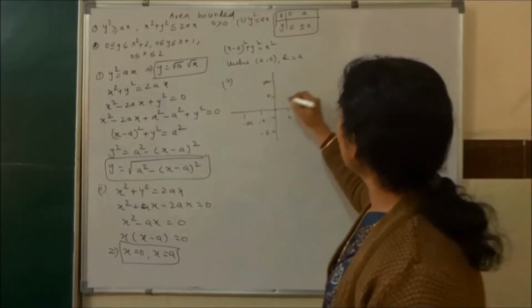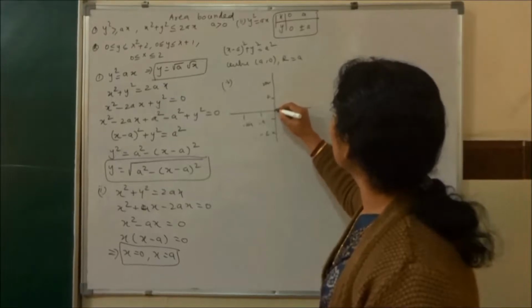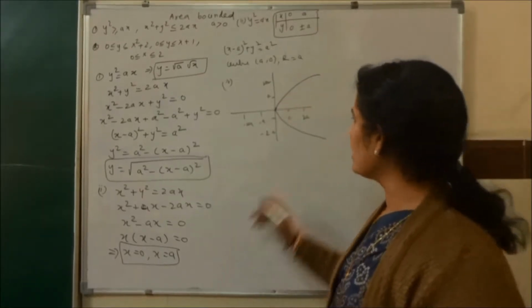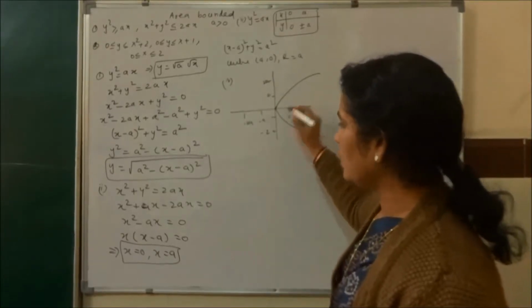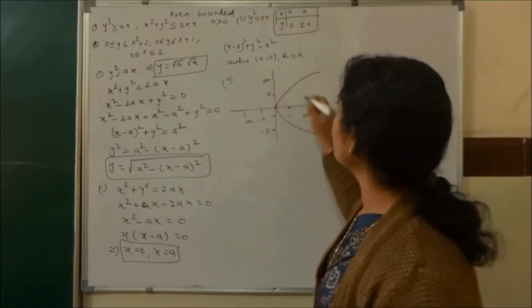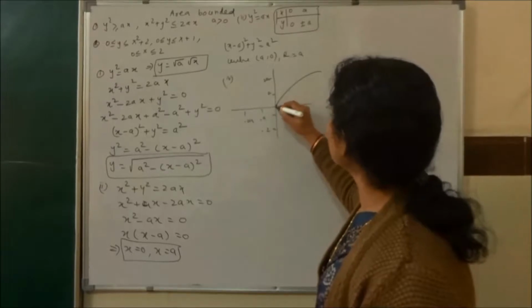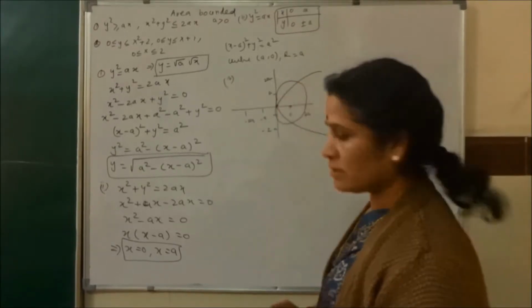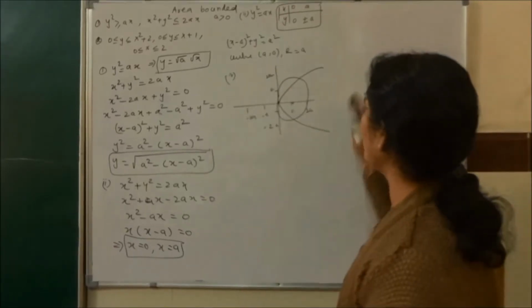Anyhow, the parabola goes like this. And the circle has center at a, 0 and radius a. Anyhow, the circle will go through like this. Am I correct? Let me draw the diagram properly.